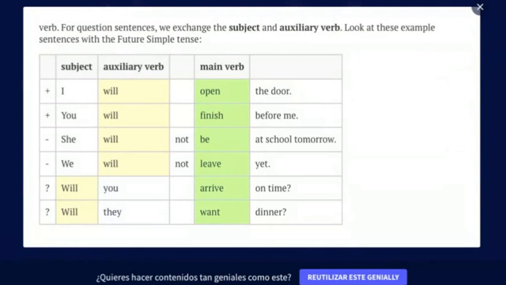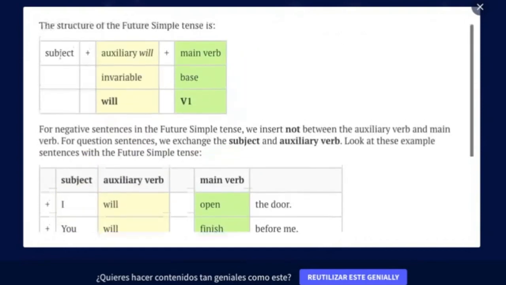Okay, so the affirmative structure is the following: subject plus auxiliary will plus main verb. I will open, and then the complement, the door. You will finish before me.